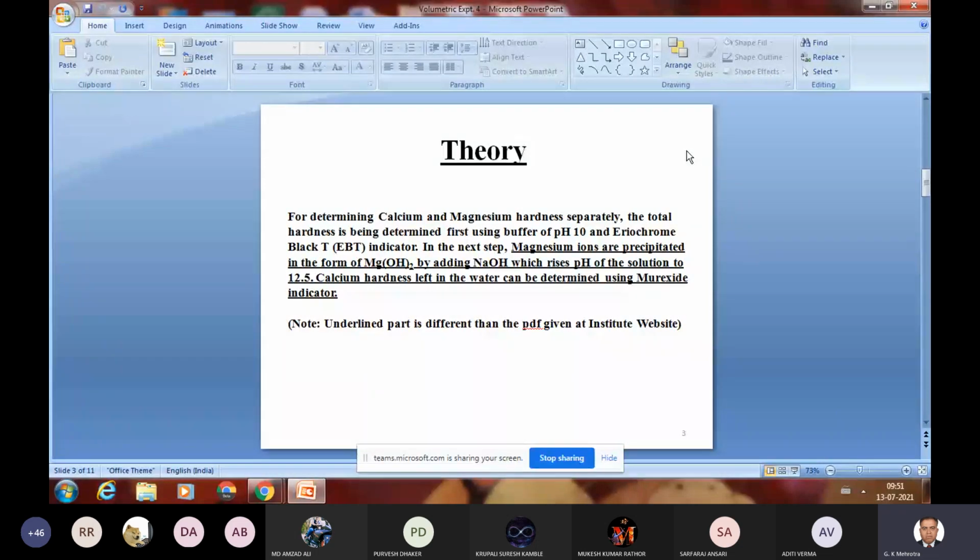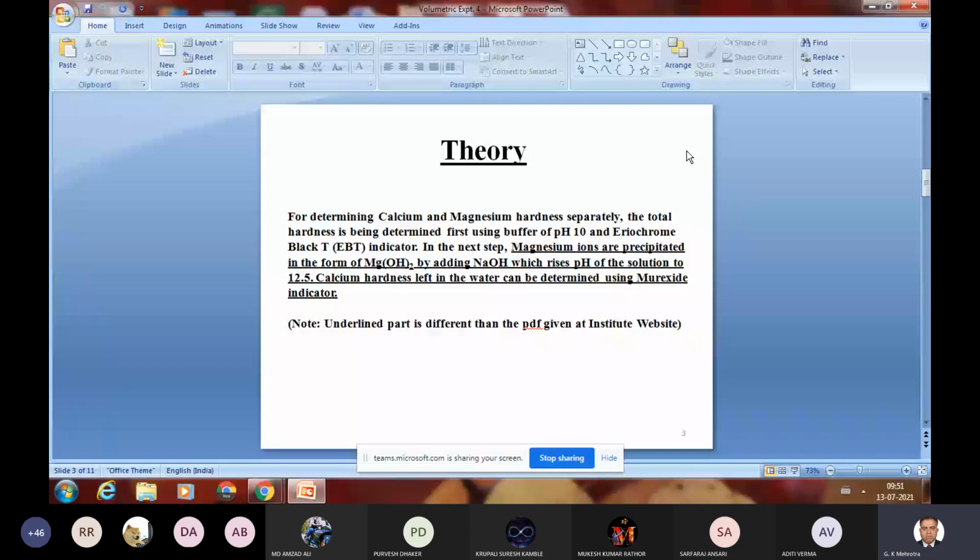So the one which binds with the indicator more firmly will leave last, and the color changes at the last moment due to the magnesium-indicator complex breaking, with magnesium forming the EDTA complex.